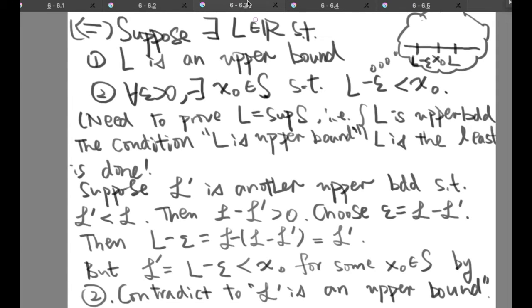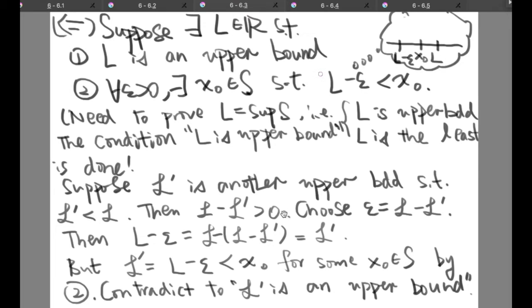Another part is from the right hand side to the left hand side. Again, to prove that it is a supremum, we need to prove that L is an upper bound and L is the least upper bound. From our assumption that L is an upper bound, we are done with the first statement. And we have to prove the second statement. As usual, we will use proof by contradiction.